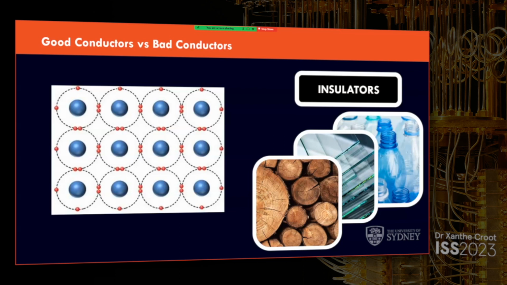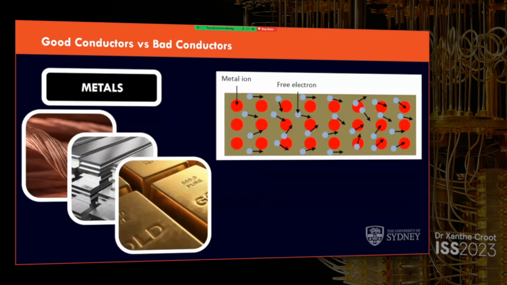And so these have a high resistance because of this. In a metal, as the person up the back rightly observed, it's a different situation. Metals give up free electrons that can float around the lattice, and when we apply a voltage, they can move in response to that voltage and give us low resistance.